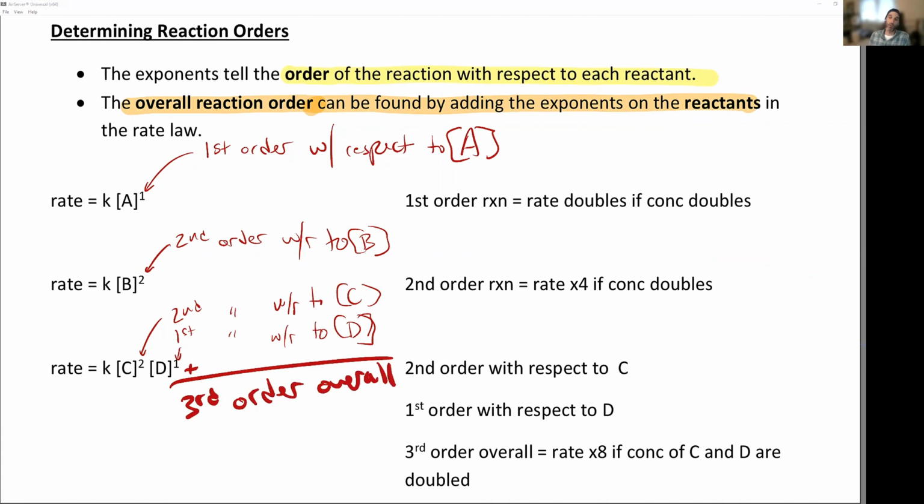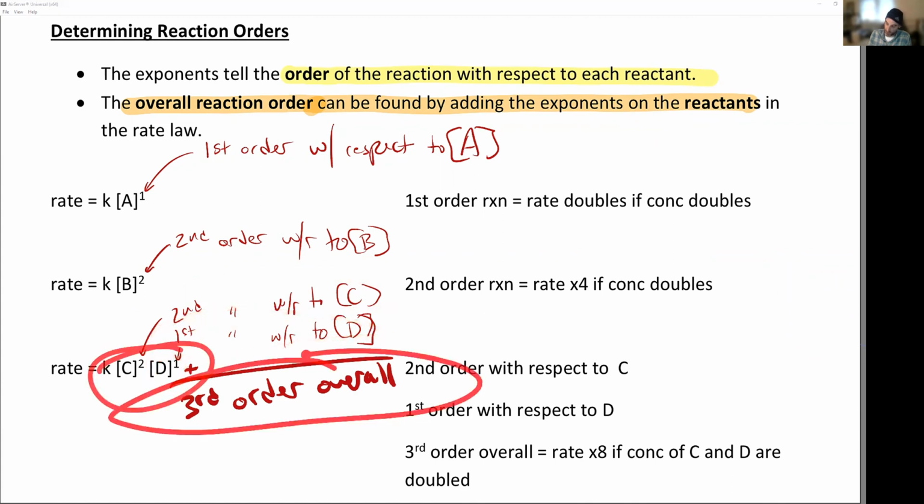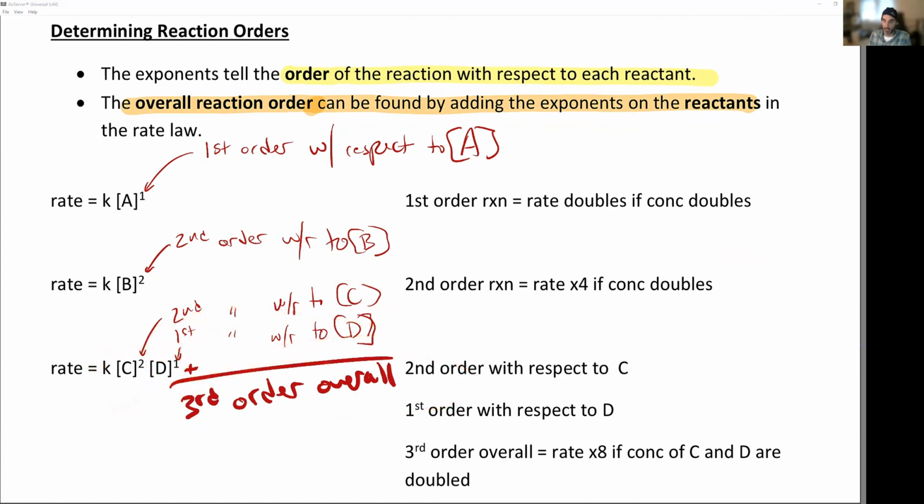Why that's important is because if I change just C, it's going to affect the rate this way. If I change just D, it's going to affect it in this way. But if I change both together, it's going to be a third-order overall change, okay? So we don't really need to understand those quite yet.